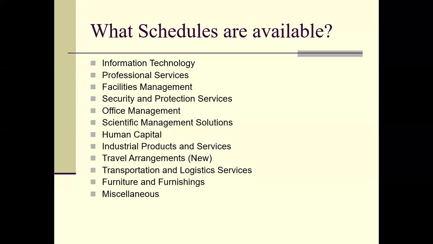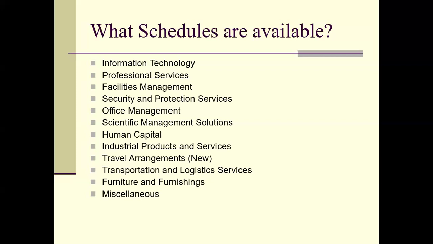So these are the types of the 12 categories that are out there. We talked a little bit about information technology. That includes training, it includes hardware, it includes software, it includes services. So it's got cloud on there, it's got health, it's got cybersecurity on there. All of those types of things are embedded.